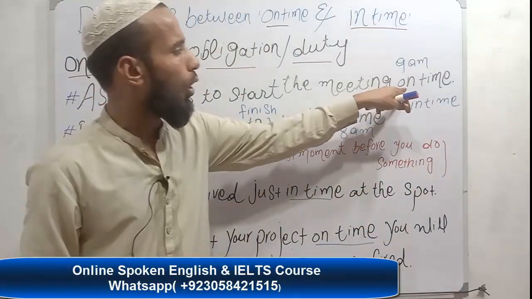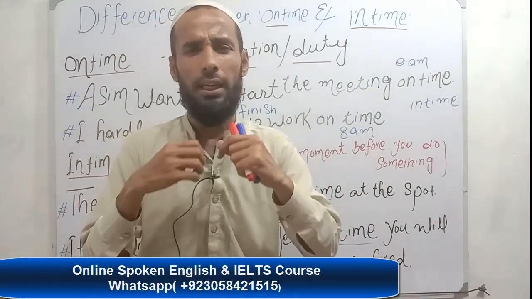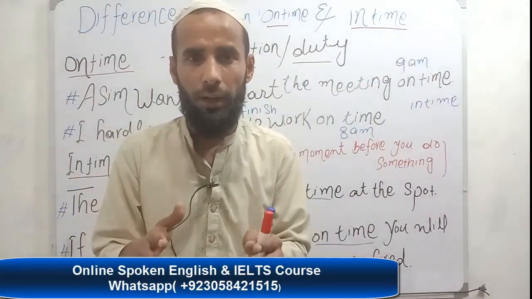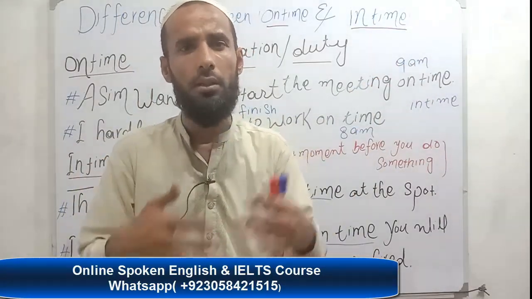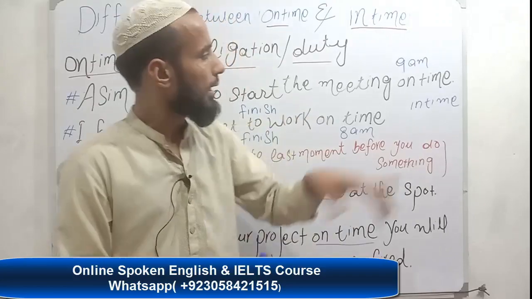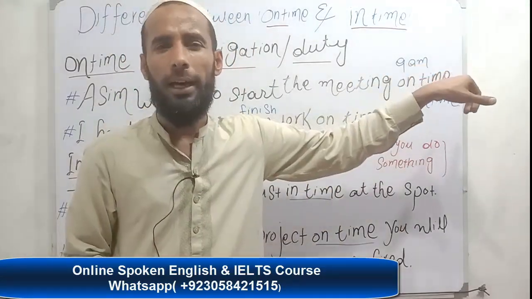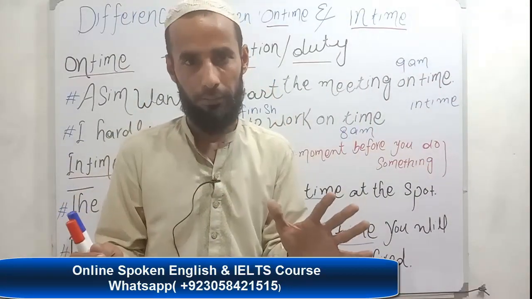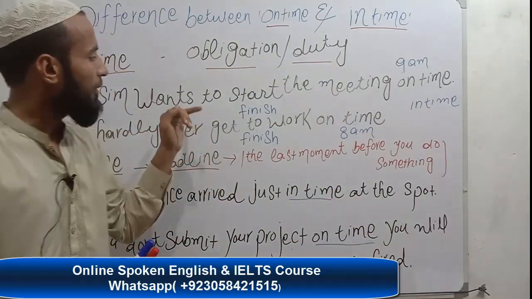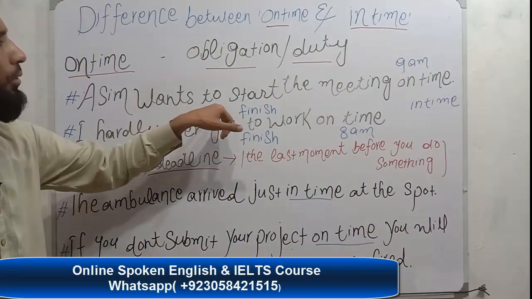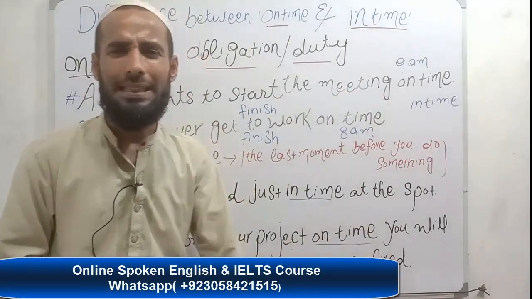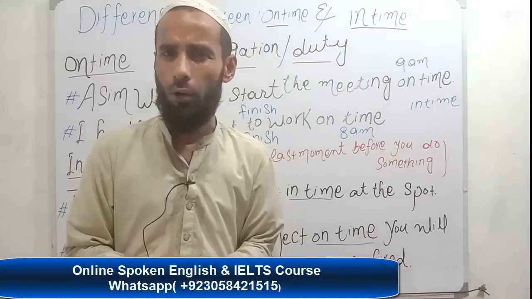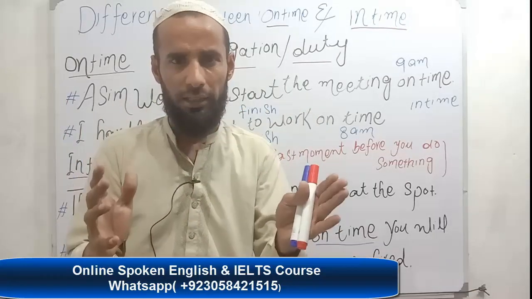Here, on time, might be he really wants to start the meeting at 9 a.m. So here it is his responsibility or duty or obligation to start the meeting on time, means at 9 o'clock. It is gonna be fixed. It has to happen. Okay, so if we say that Asim wants to start the meeting in time, this doesn't really sound good and the sentence will be wrong because I already have explained their usage.